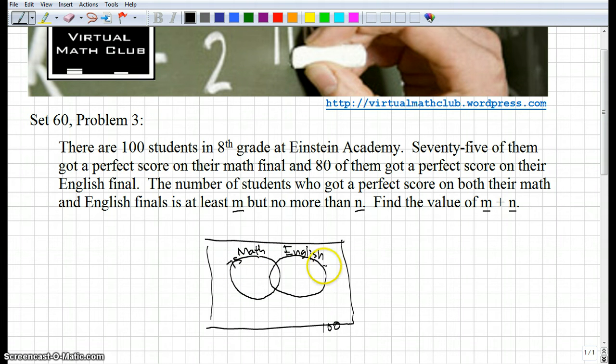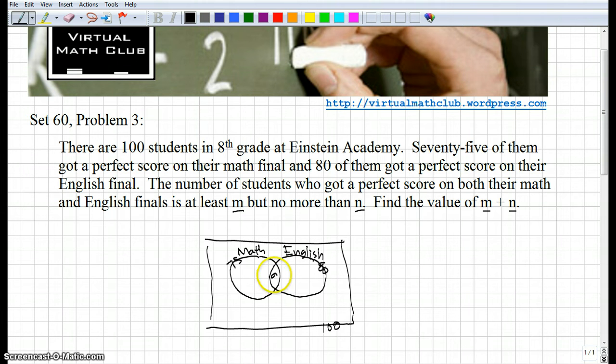And we're told that 80 of them got a perfect score on their English final, and some of them maybe have also gotten a perfect score in math. So we're supposed to find the minimum and the maximum number of kids that got perfect scores on both.